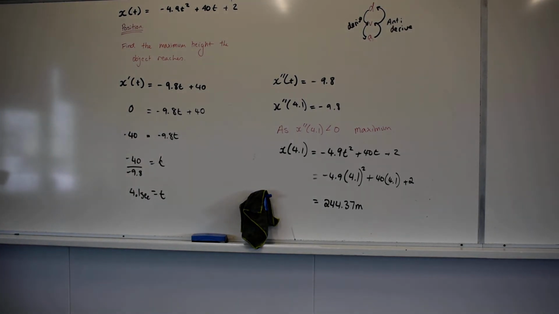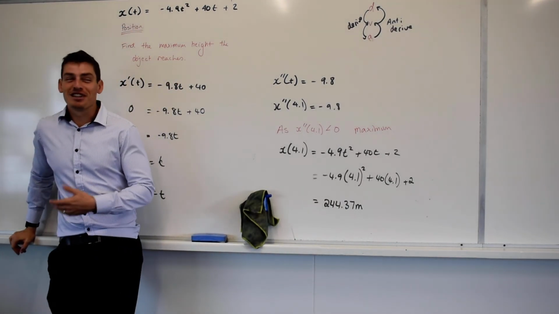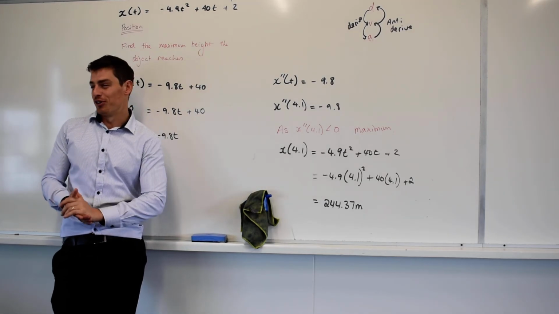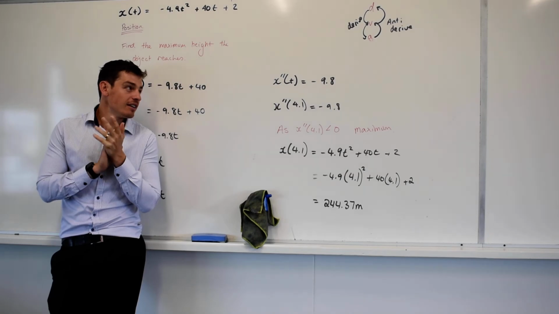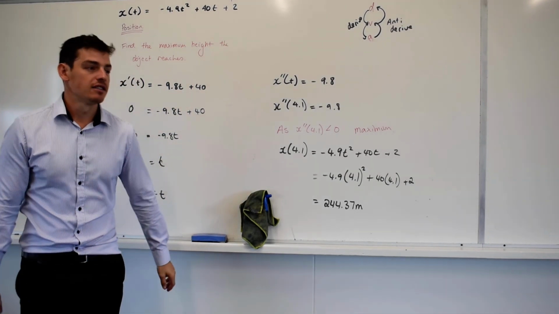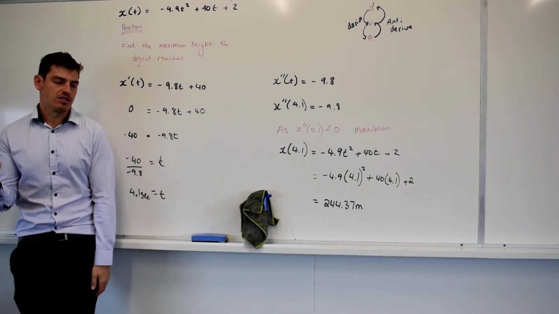The units. What's the unit for position? Very good, you're all switched on. That's the first one you've all got correct. The units for position are meters. The units for time, seconds, let's just go seconds.